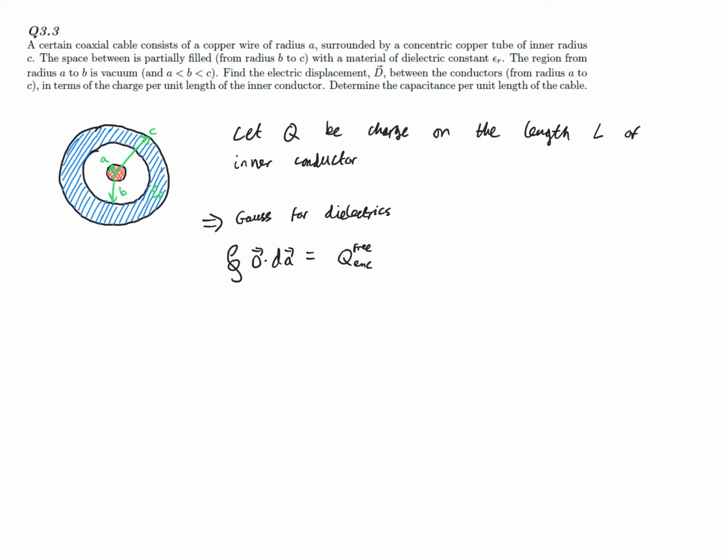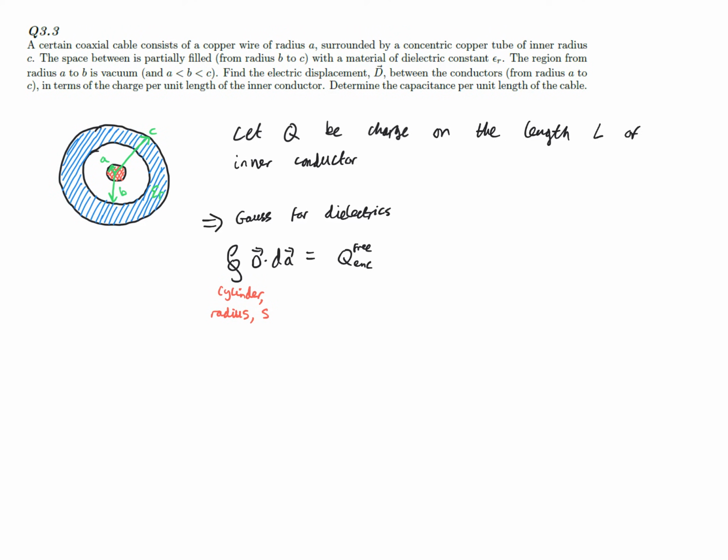And again, we construct a Gaussian surface here, which of course should also be coaxial to respect the symmetry. And we'll construct a Gaussian surface of radius r. So this Gaussian surface is going to be a cylinder, a coaxial cylinder. In cylindrical coordinates, often we call the radius s, so let's call it a radius s to disambiguate it.